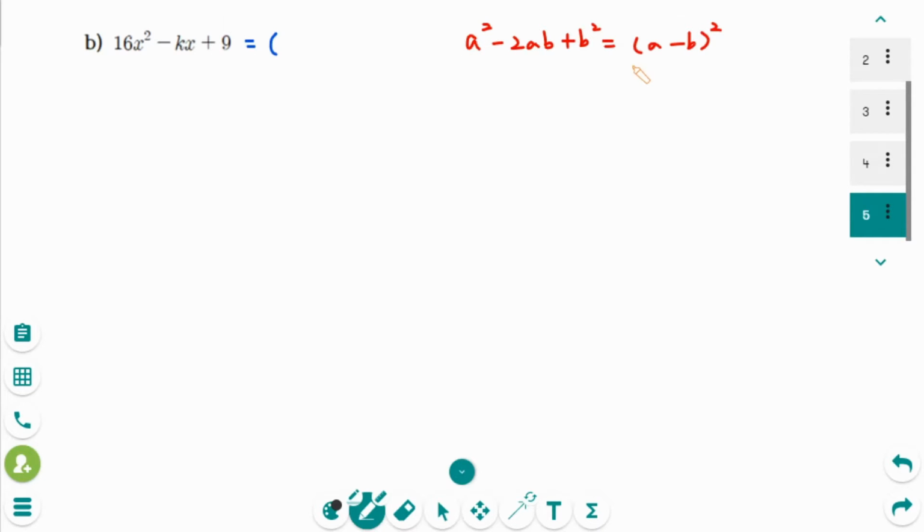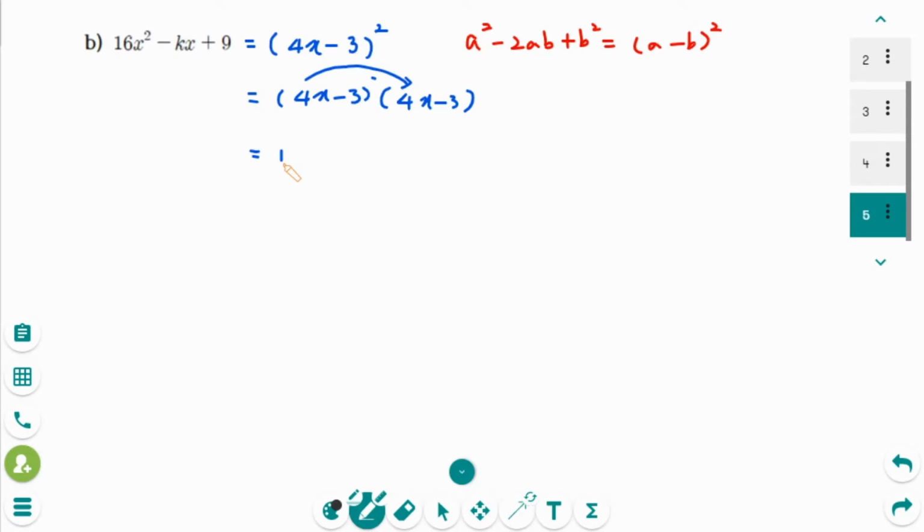This part is a, so 4x. Then follow the sign, minus, and that one is 3 squared. Then expand the right side. So 4x minus 3, and then 4x minus 3.